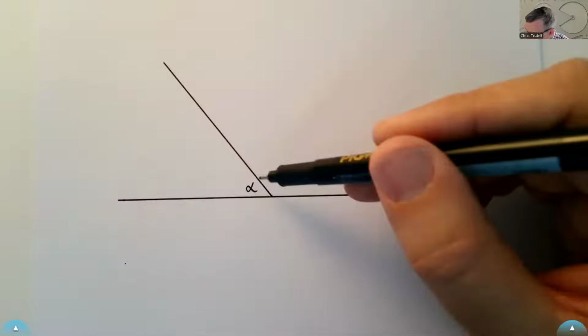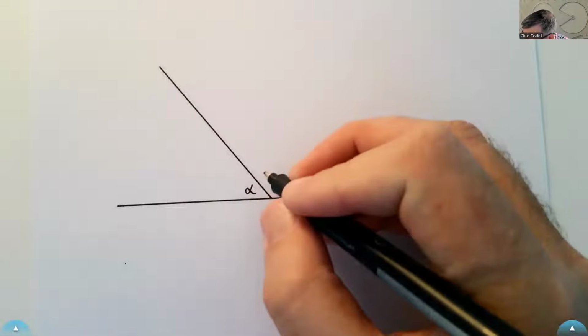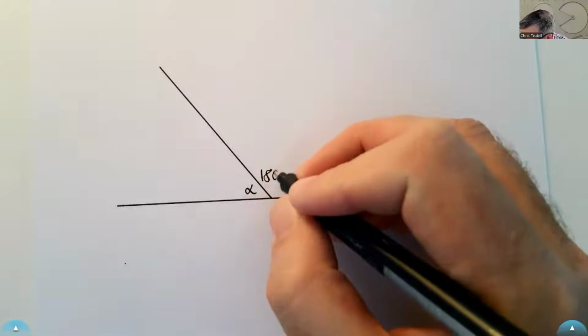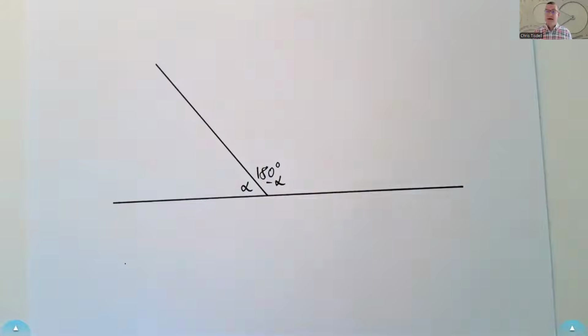But what happens if we want to trisect the bigger angle? Let's call this 180 degrees minus alpha. Luckily for us, it's essentially the same construction as the trisection of the acute angle, but there's just an extra step on top. So let's run through the standard construction, and then I'll show you what's going on.